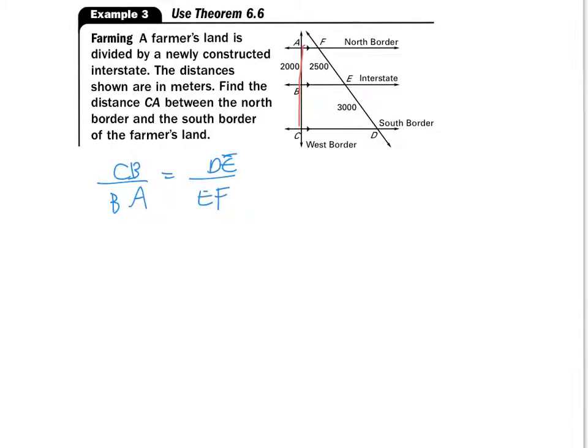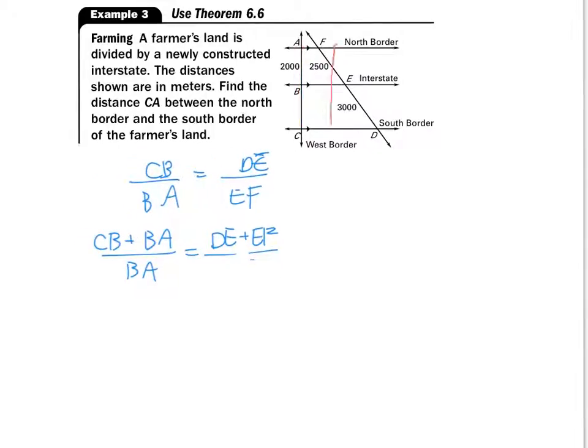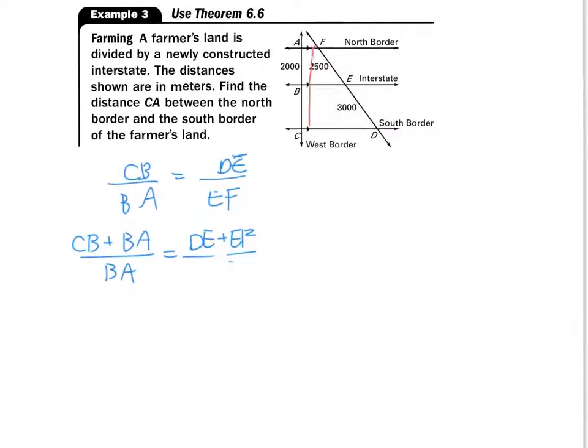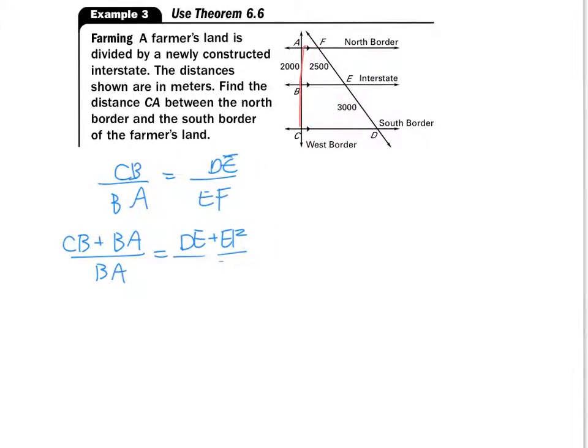Okay, and now if I use the property of proportions, I add the denominator into the numerator on both sides. DE plus EF over EF. There we go.